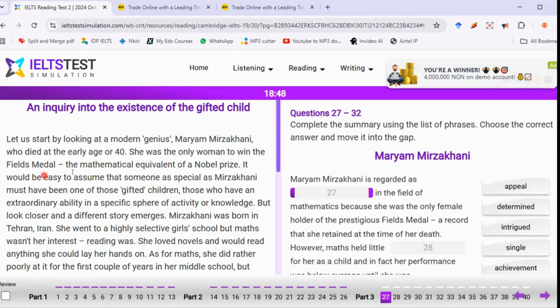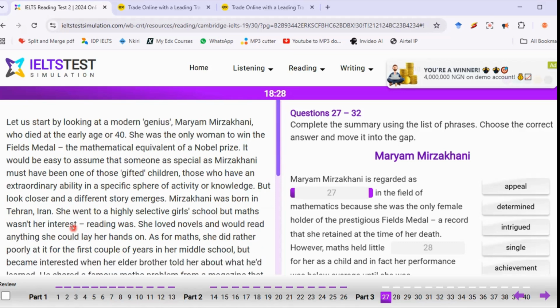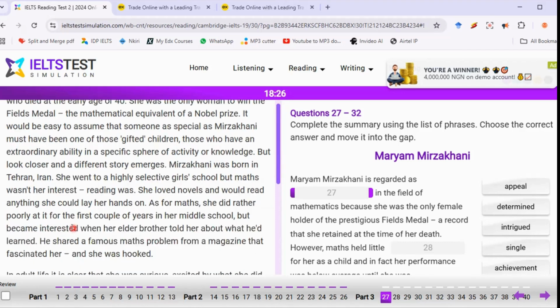It would be easy to assume that someone as special as Mirzakhani must have been one of those gifted children, those who have an extraordinary ability in specific spheres of activity or knowledge. But look closer and a different story emerges. Mirzakhani was born in Tehran, Iran. She went to a highly selective girls' school, but math wasn't her interest, reading was.